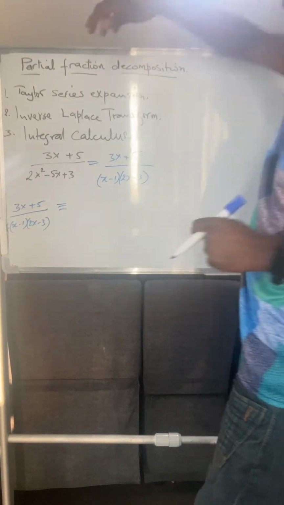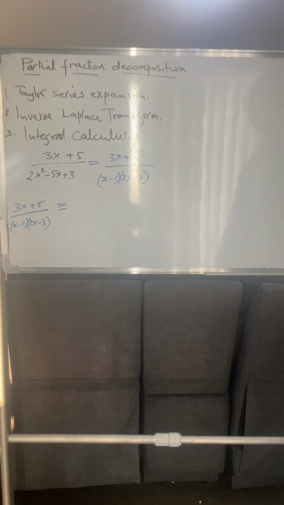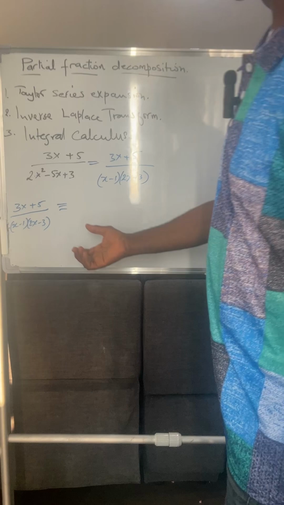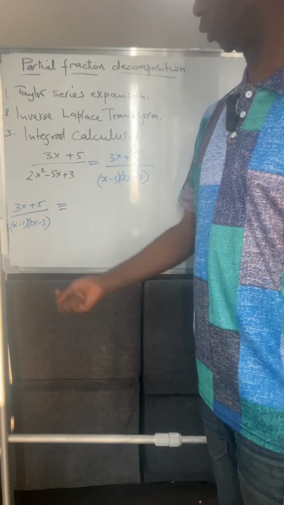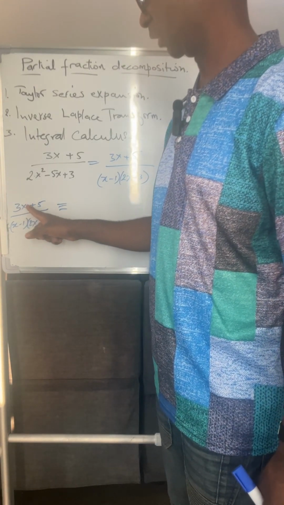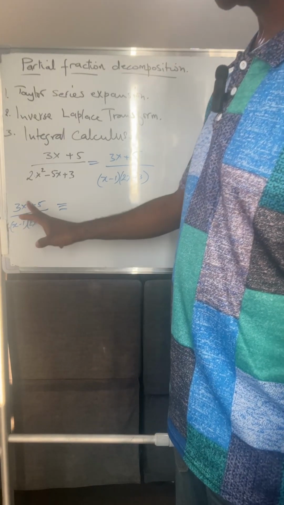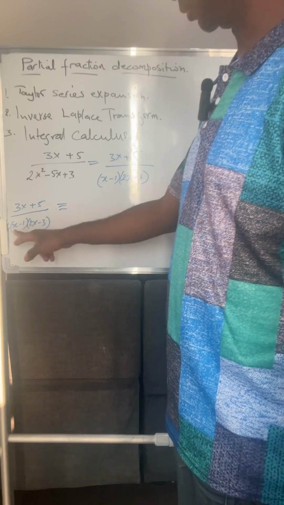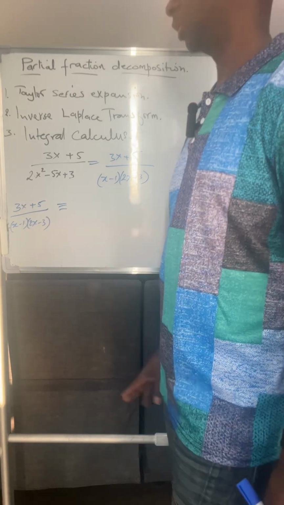In decomposing this fraction, we now know the exponent of the unknown on top is less than the exponent of the unknown at the bottom. If you expand this, you get x squared. This is x, so this is good.